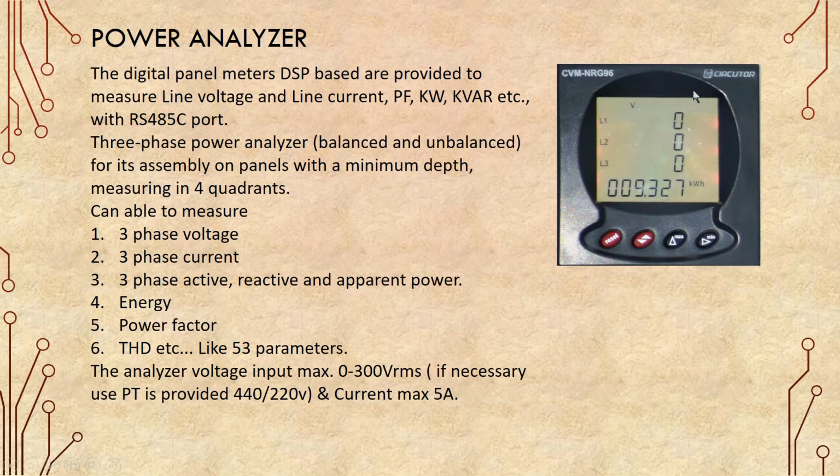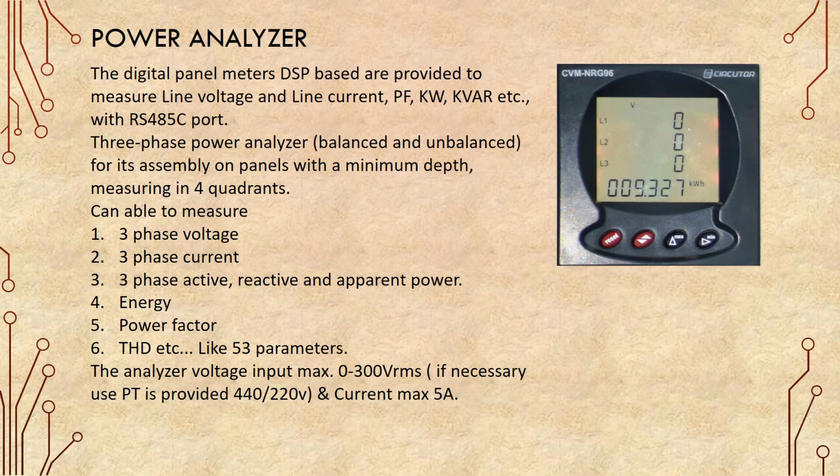This is the model number CBM energy 96 circuit made power analyzer. This analyzer is generally available for panel mounting, and it can measure all voltage and current of all three phases. A single meter can measure all. And how does it calculate?